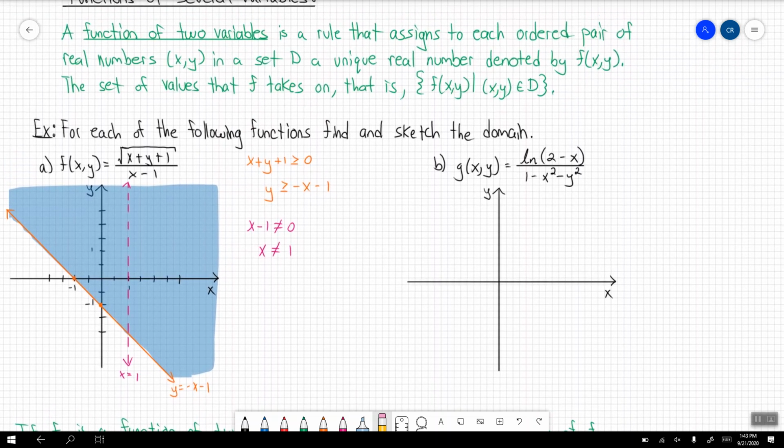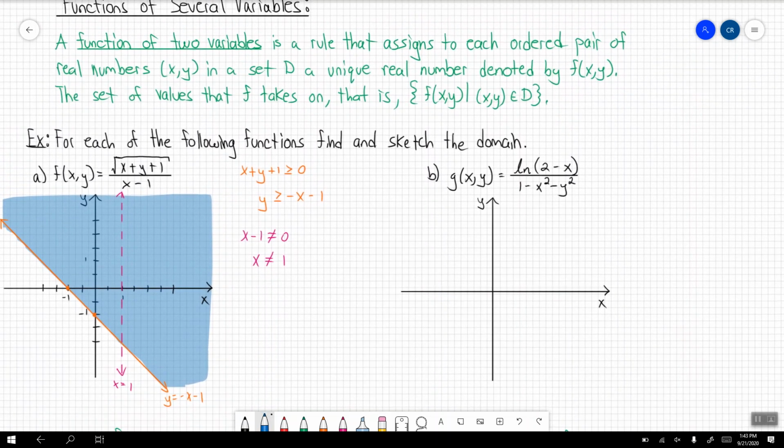Let's go ahead and verbalize the domain just a little bit more, that way we can fully identify this. So I'm going to say the domain of f of x, y is a domain D, where this is going to include every x and y coordinate where y is greater than or equal to -x minus 1 and x is not equal to 1.